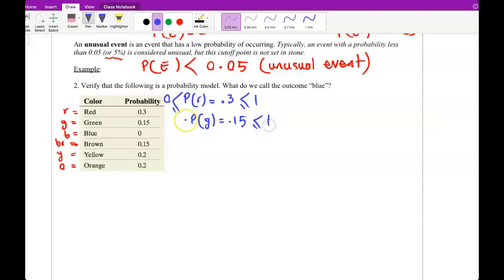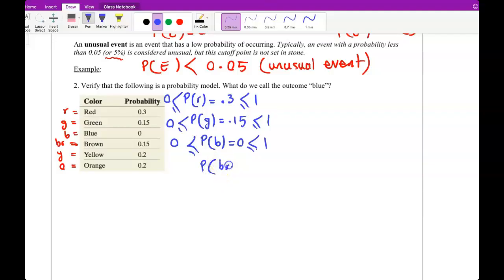This is again between 0 and 1, so that is correct again. Now, the probability of blue is equal to 0. And again, this is between 0 and 1, because it is equal to 0. That's why that is correct.